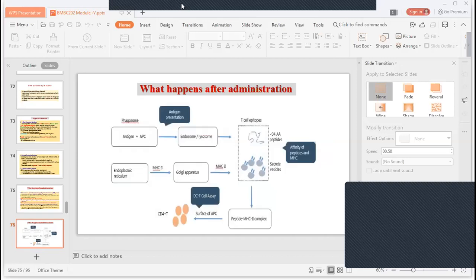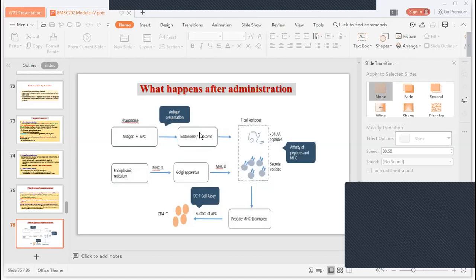So what is actually happening here? This flow diagram will tell you. So via phagosome, via macropinocytosis, via phagocytosis or receptor-mediated endocytosis, they will come here, the antigen presenting cell will recognize it and then will go for processing.